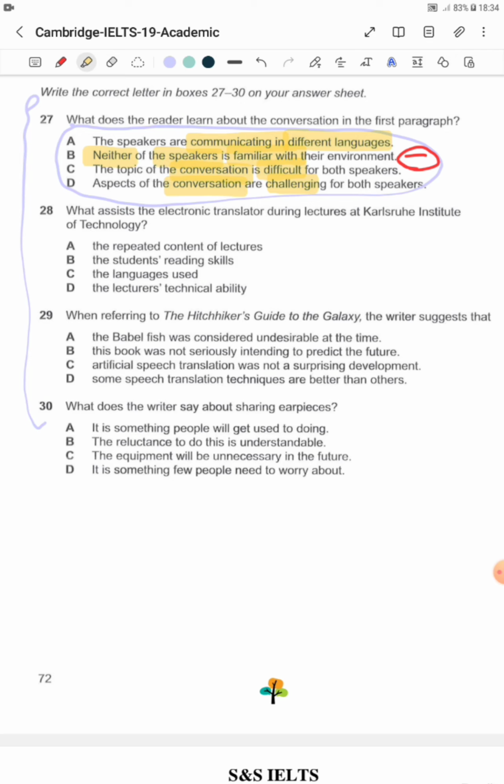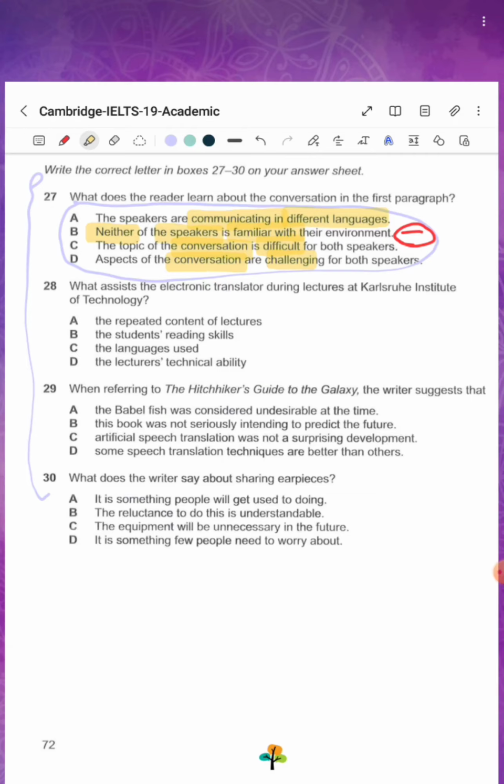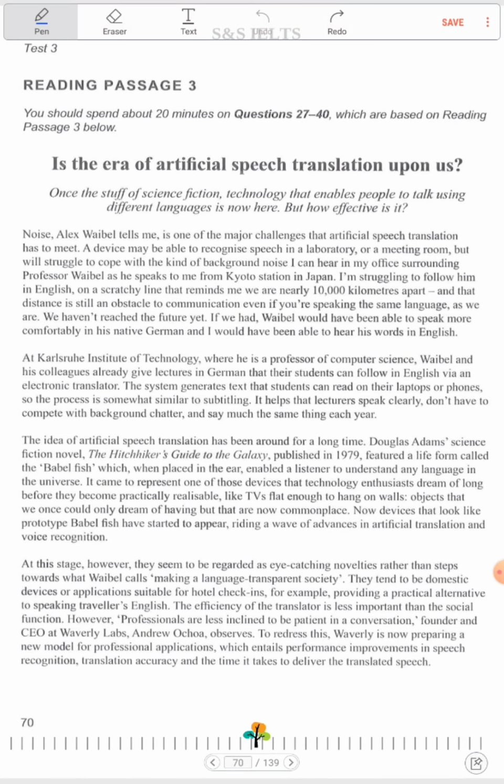Okay, good. Now we're looking for the answer. We're looking for the answer in this text. Okay. I have to start from the first paragraph because 27 is our first question.